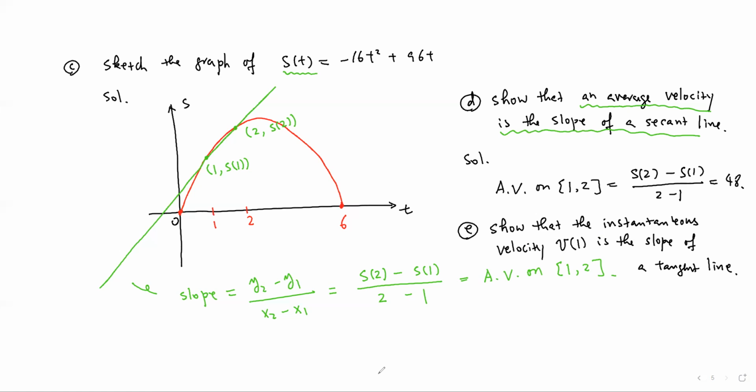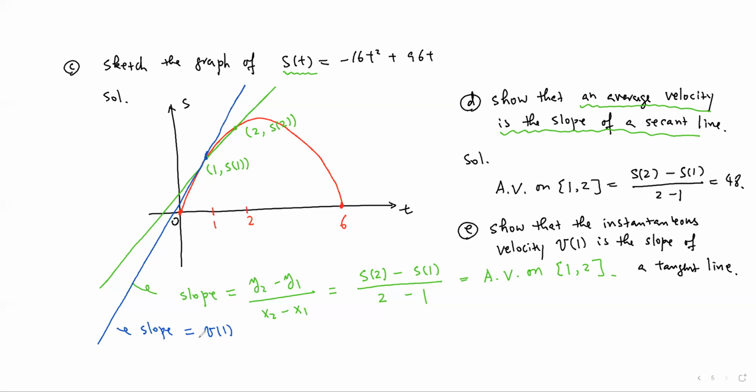Which tangent line? Actually, the tangent line at t equal to 1. That means the tangent line at this point. Let me draw the tangent line. The slope of this tangent line is v of 1, the instantaneous velocity at 1.